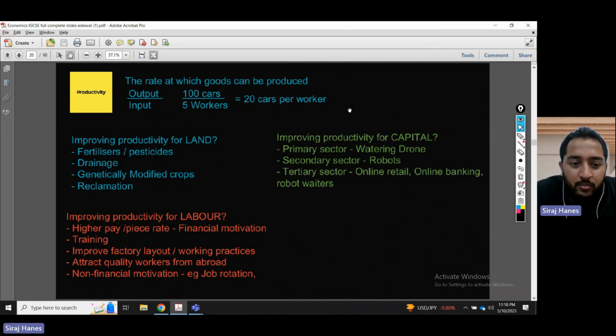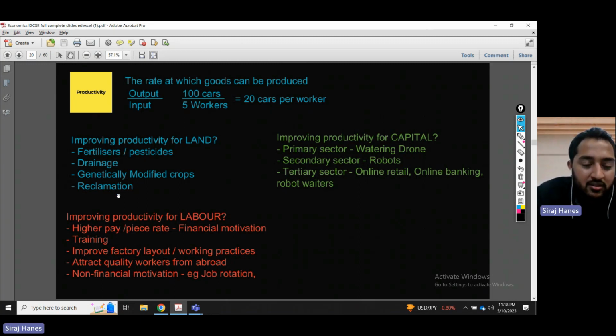But how do we improve productivity for land? Now we have resources: land, labor, capital. How do we improve productivity for land? Physical land: have fertilizers and pesticides, have proper drainage systems so the crops can grow better, have GM crops, genetically modified crops, so they can grow better, even tastier.